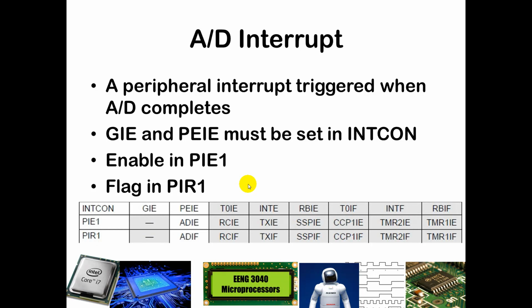Then in your interrupt service routine, make sure you clear the ADIF flag, which indicates that analog to digital is finished. Obviously, if you're using any other interrupts, just like we've done in previous labs, you'll need to check which particular flag is set, just to make sure it is the analog to digital and not one of the other interrupts that you may be using.